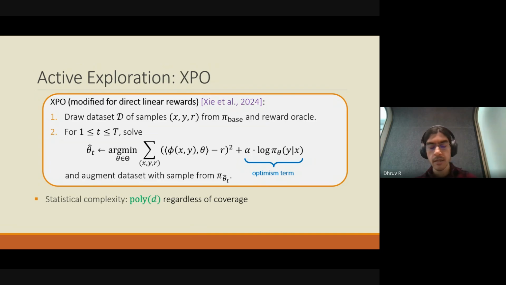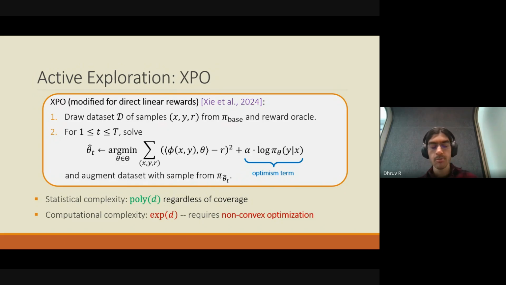And as a result of this optimism, this sort of active exploration, one can show that XPO achieves statistical complexity polynomial in the feature dimension, regardless of the coverage of the base model. So this is very good. This is basically the best you can do in this setting, up to polynomial factors, of course.